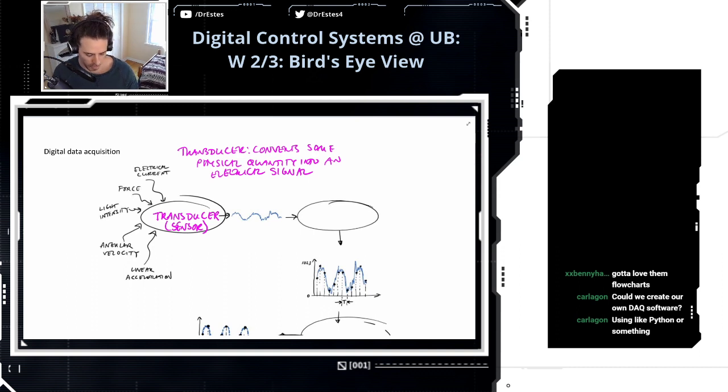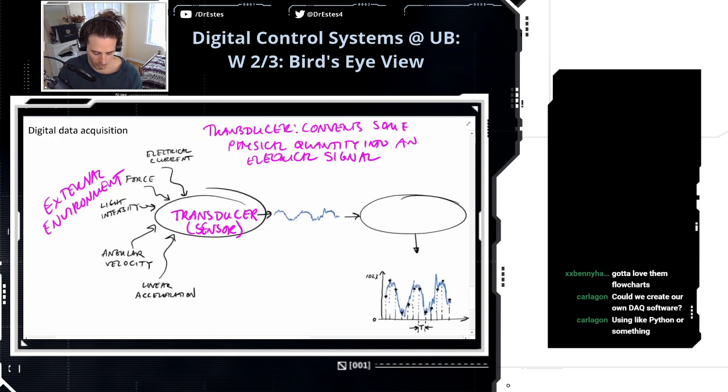Okay, so you have different types of transducers, and when we're interacting with our external environment, we have different transducers for different things. Like they react to electrical current or force or light intensity, or a gyroscope reacts to angular velocity.